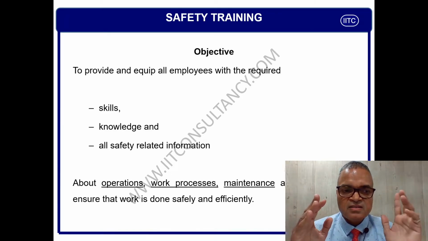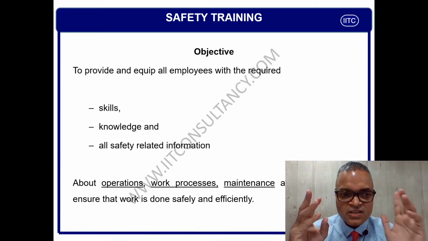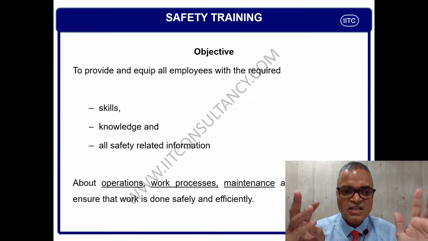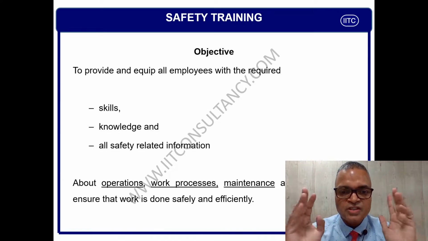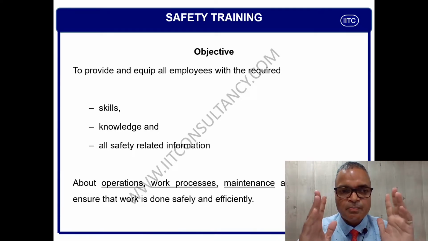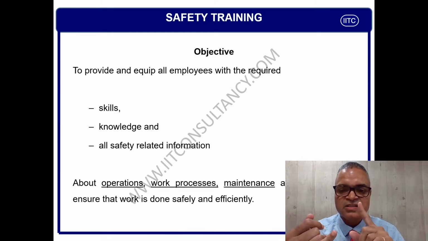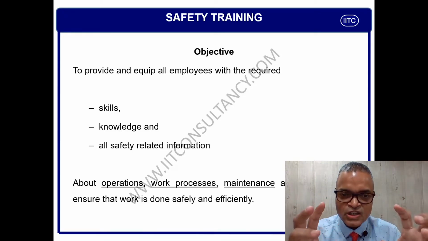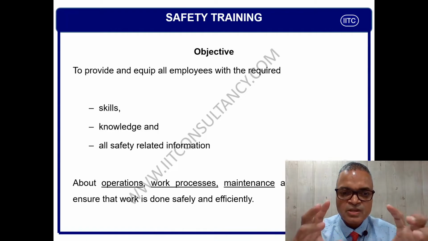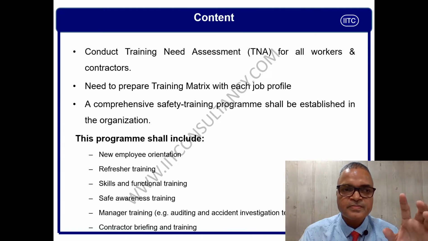This means the right skill with the operation, the work processes, the maintenance, and how to operate the equipment. If a person has the right skill, information, knowledge and competence to do his or her job, that means he will not commit any mistakes and there will be no accident, and the objective and target of the safety policy will be achieved without creating any problem.